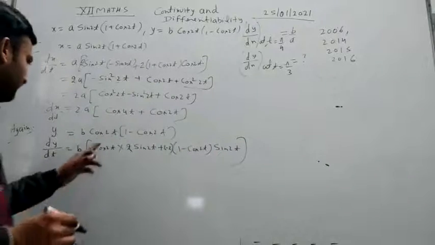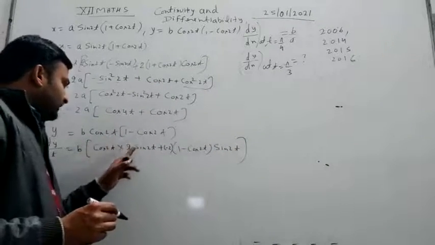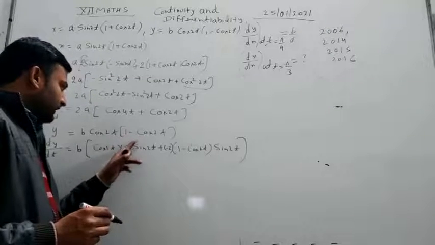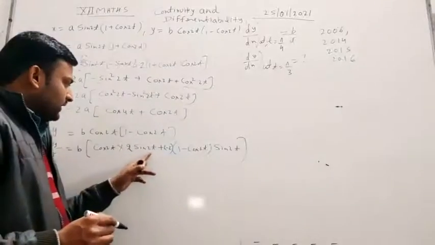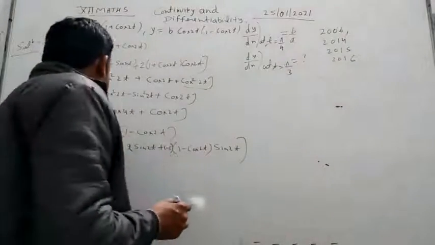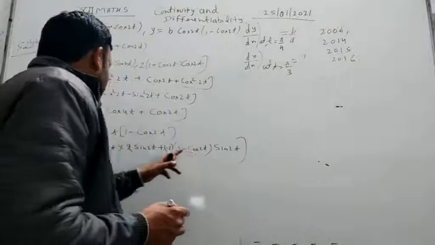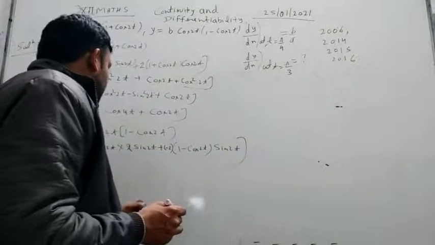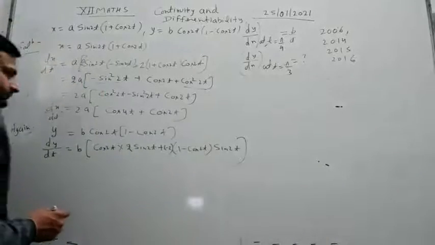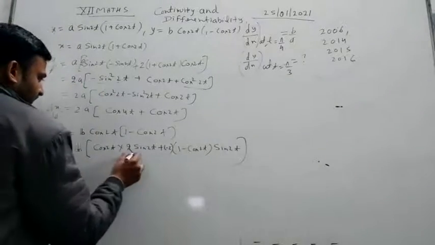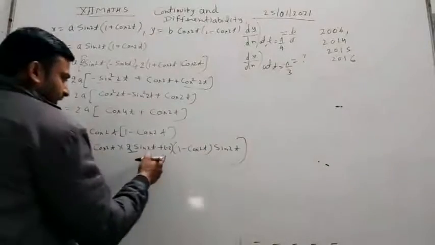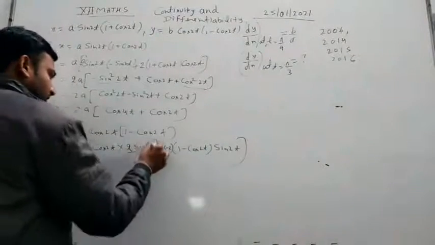First function, differentiation of second function, so this is 0 and this is 2 sin 2t, and second function, differentiation of first function is minus sin 2t into 2 or minus 2. So taking the negative sign and taking 2 outside.